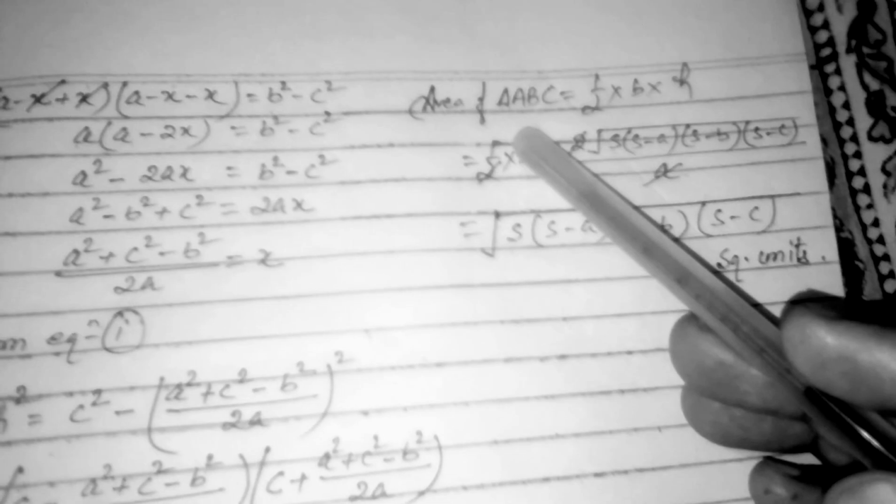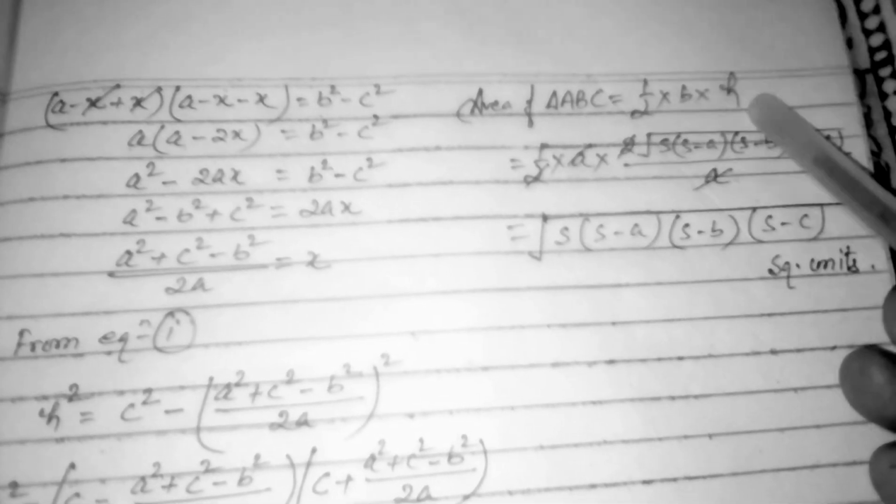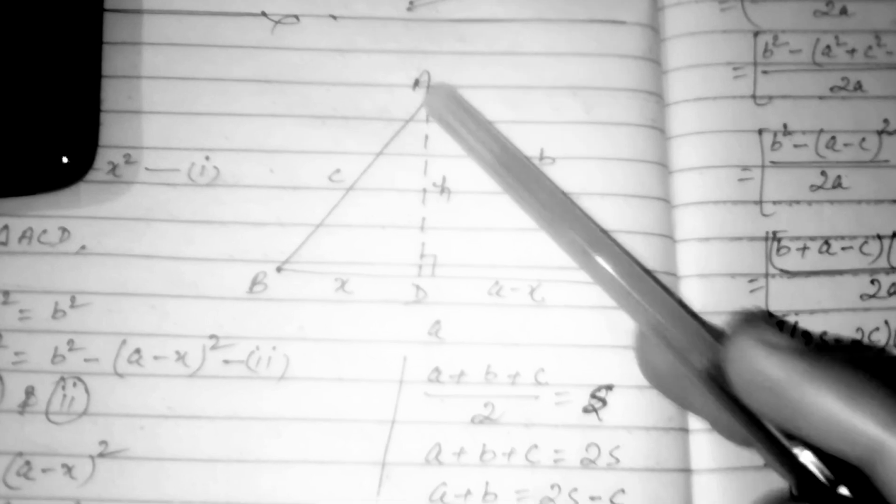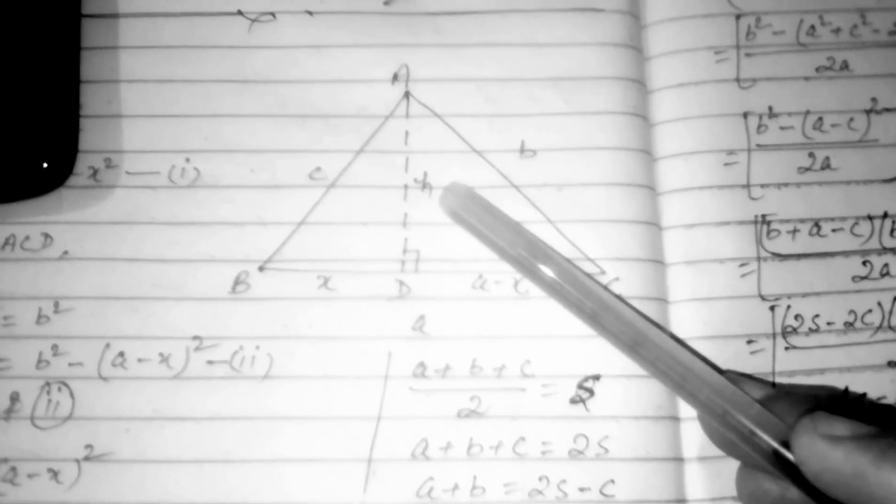Now we can find the area of triangle ABC. Area of triangle ABC will be half into base into height. Base will be when we draw perpendicular AD on BC, then BC as a base and AD as a height.